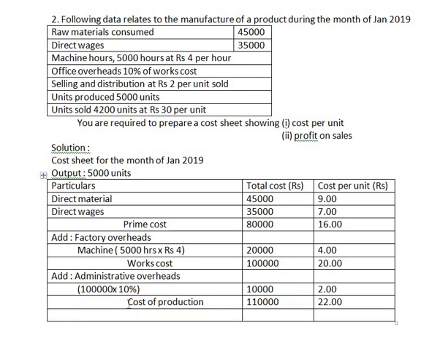Now there is an adjustment over here. If you go through the problem, units produced is 5,000 units. Units sold is 4,200 units. It means they have produced 5,000 but they have sold only 4,200. The difference between 5,000 and 4,200 is 800 units. It means 800 units is closing stock of finished goods, because units produced is more than the units sold.